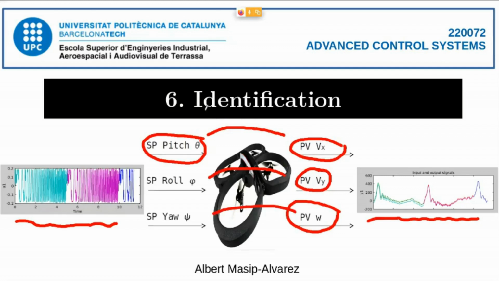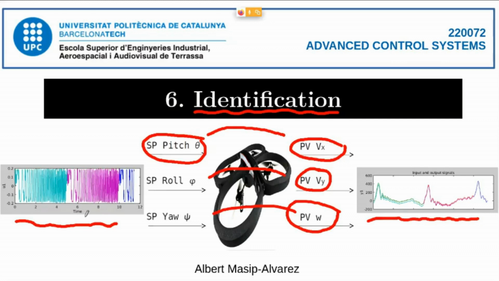variables. Okay, that's what we call identification, in opposition to modeling, because modeling will find the mathematical model of our system from the physical laws. But today, we do not have precise, specific physical laws.